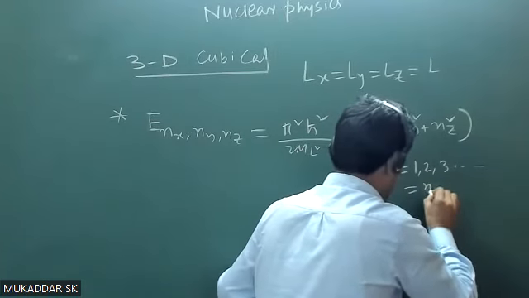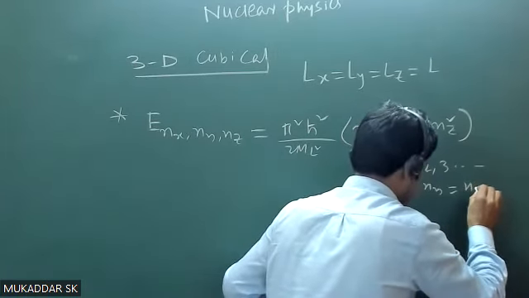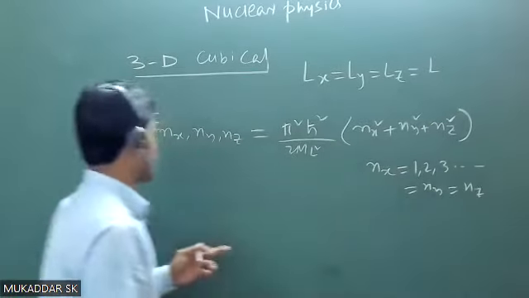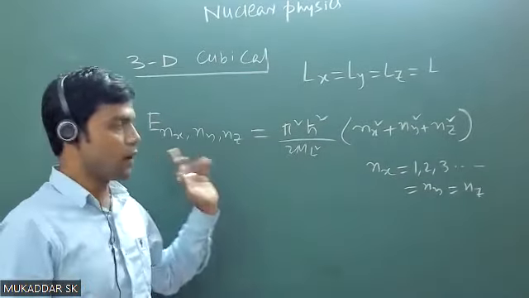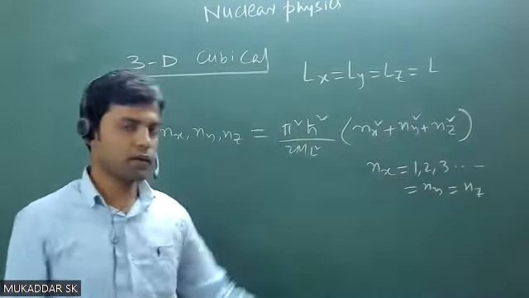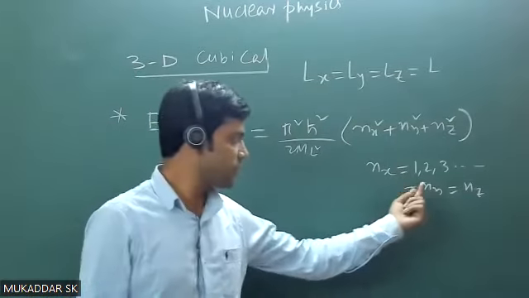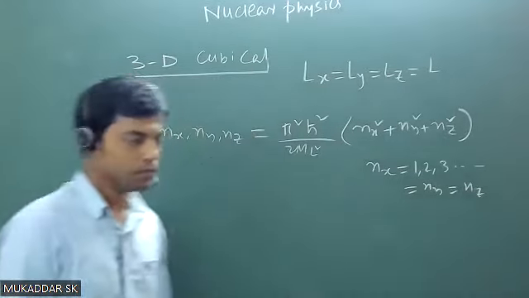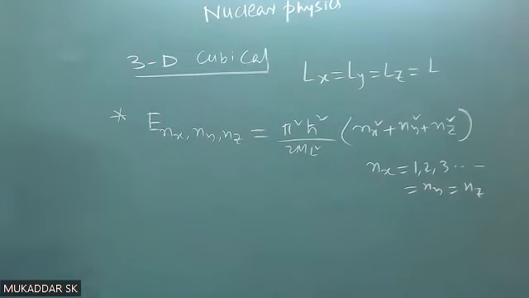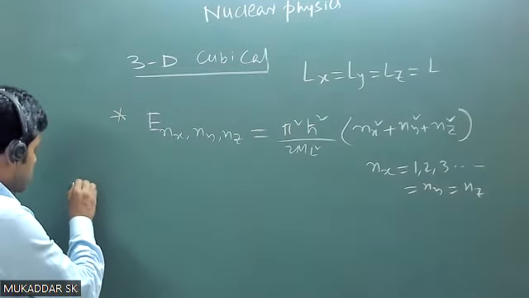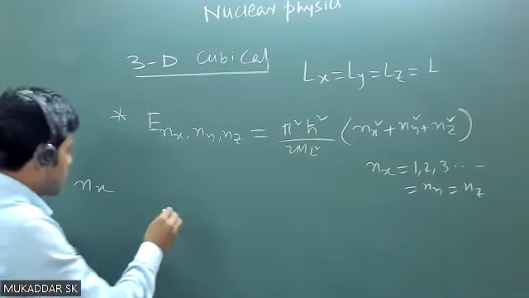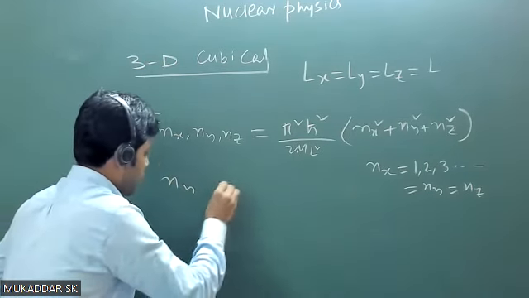But the energy of this box will be quantized, because only these integer values are allowed. Okay, so I'll write that combination: nx, ny, and nz.